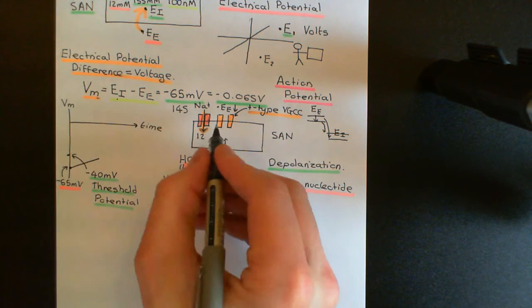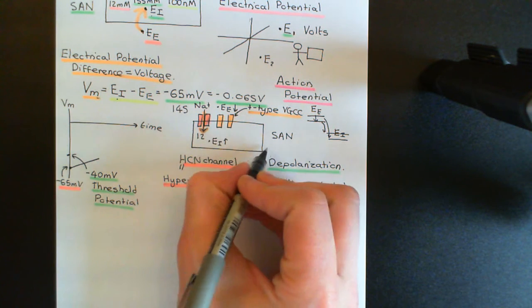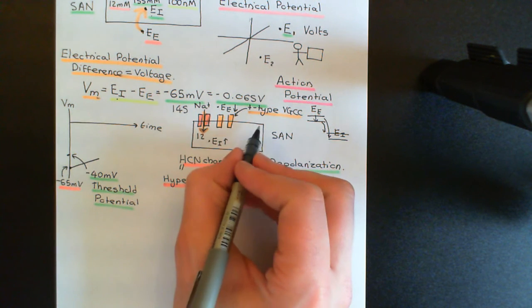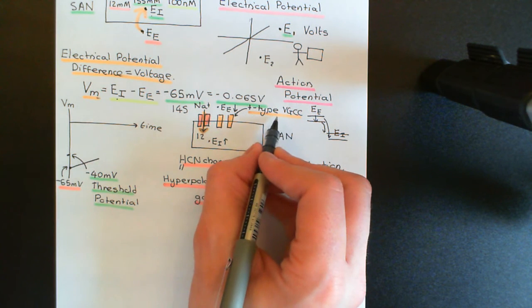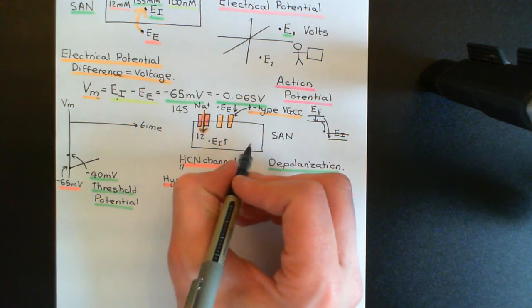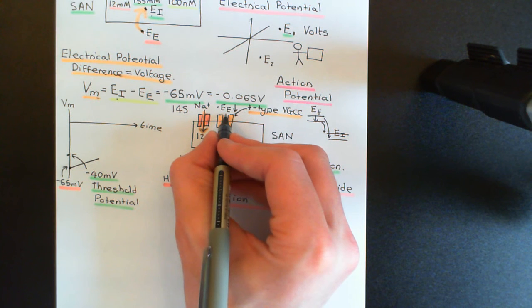So what's now going to happen, once the electrical potential difference across the cell membrane of this sinoatrial node cell has got to negative 40 millivolts, is that T-type voltage-gated calcium channels are going to open all over the cell membrane, and they're now going to allow calcium ions into the cell.